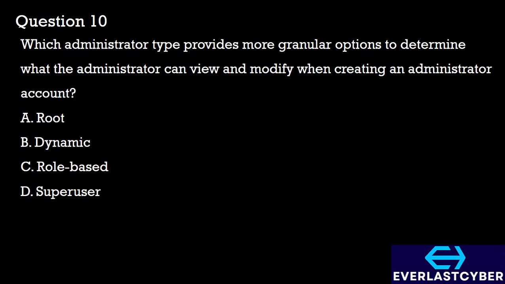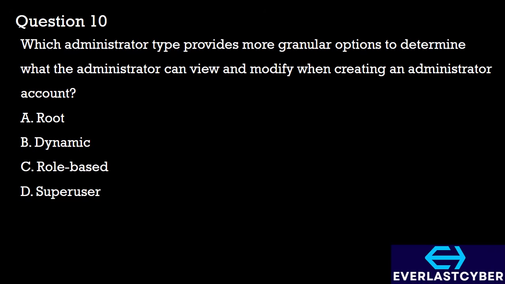The role-based administrator type allows for granular control over what an administrator can view and modify. With a role-based administrator account, specific roles can be assigned to limit or allow access to particular areas and functions of the firewall, thereby providing fine-tuned control over administrative privileges.